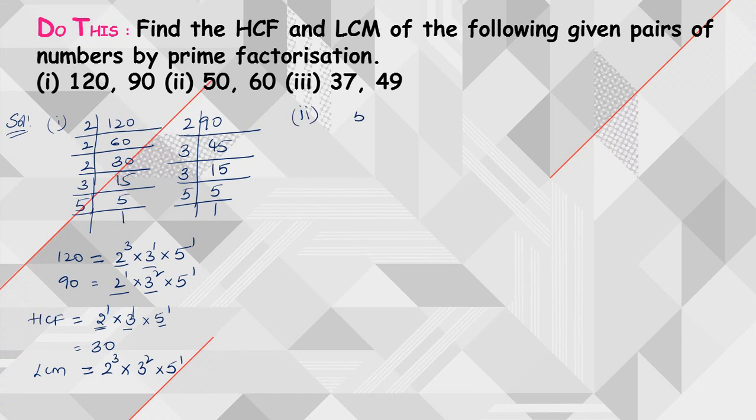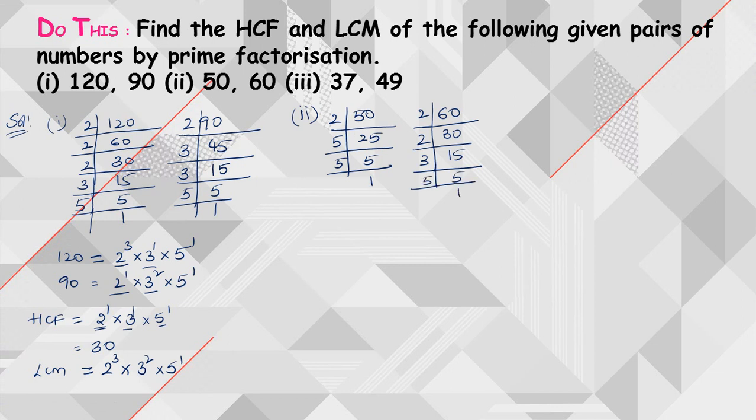Next, for 50 and 60, this already you can make a try. So 2 times 25, next 5 times 5, again 5 times 1. The same way for 60, you can do it the same manner. So 2 times 30, again 2 times 15, 3 times 5, and 5 times 1, right?